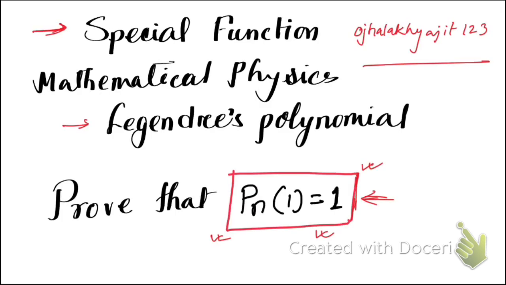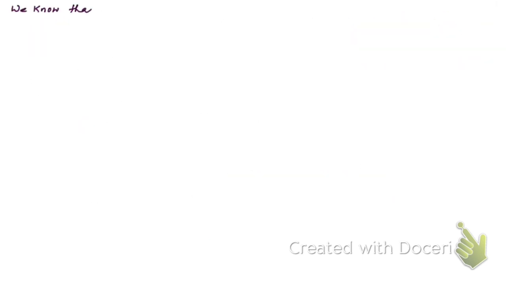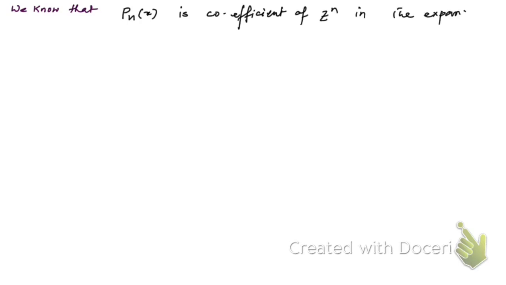Now we know that Pn of x is the coefficient of z to the power n in the expansion of the generating function, that is (1 minus 2xz plus z square) whole to the power minus half.